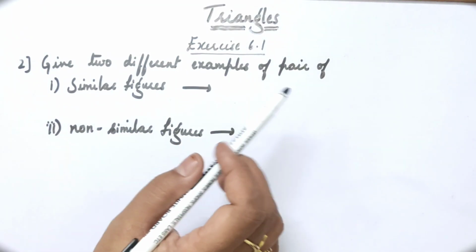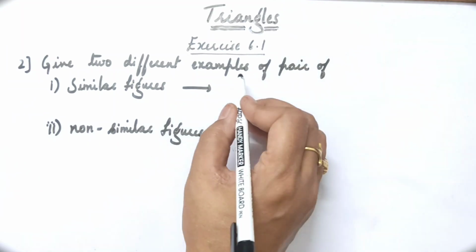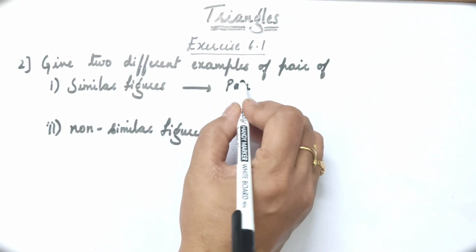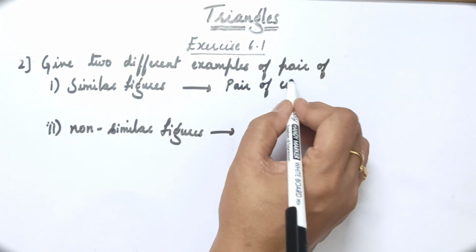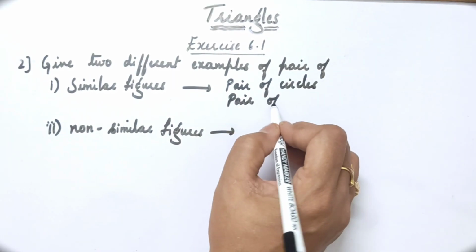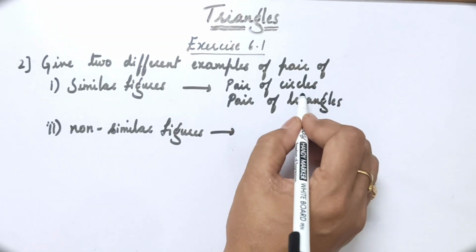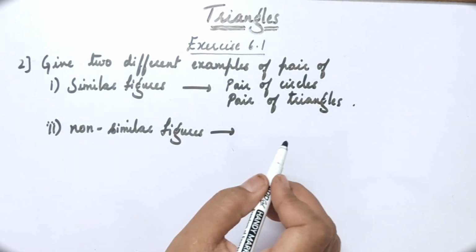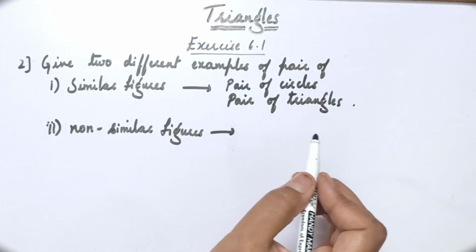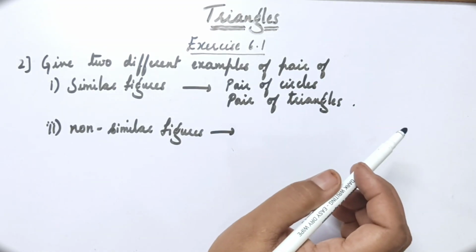Give two different examples of pairs of similar figures. We have a pair of circles, a pair of triangles. Now non-similar figures means I can compare a circle with a triangle or a square with a quadrilateral.